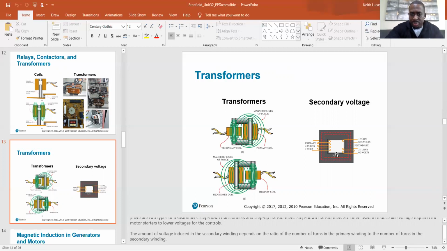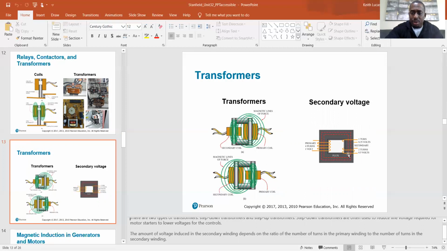So again, this being your transformer, your primary side has 4 turns on it, and it's generating 1 volt. And then on your secondary side, if you had 1 turn, you'd be generating 0.25 volts. Or if, let's say, you had 2 turns, then you'd be generating 0.5 or half a volt.